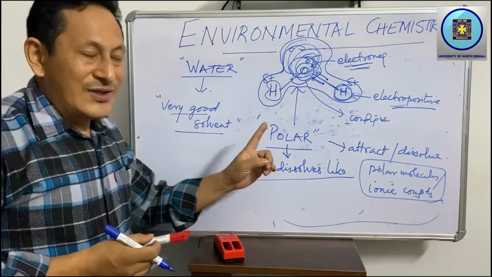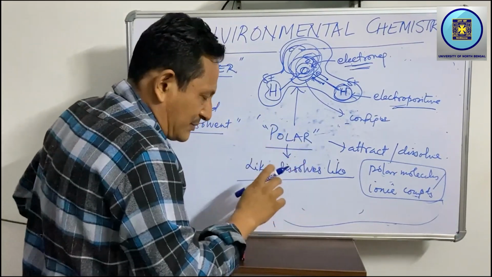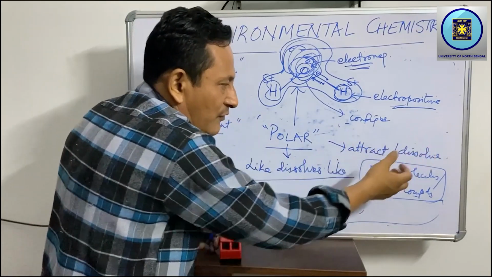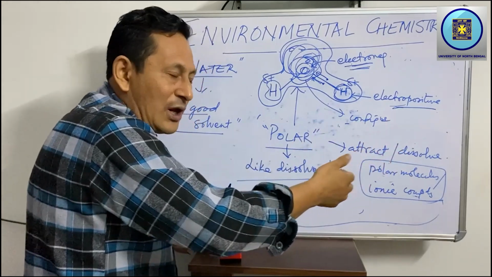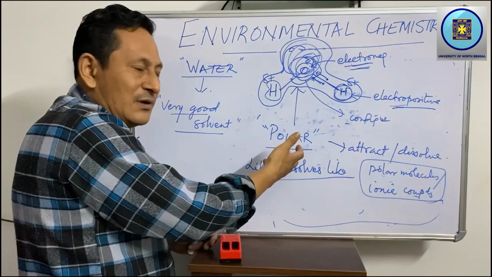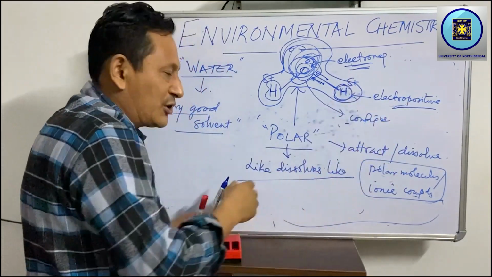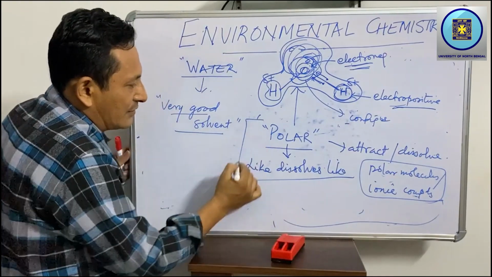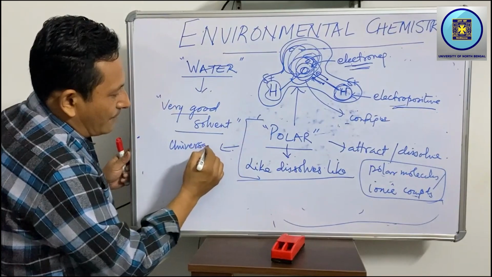There are lots of polar molecules and ionic compounds in nature. Since water is a polar molecule itself, it has this capacity to dissolve polar molecules and ionic molecules. That is why water is called the universal solvent.